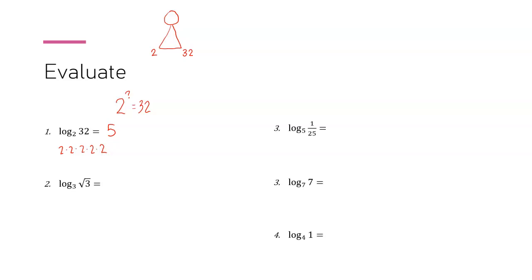Some things to remember about exponents. If I have a to the negative b power, a negative exponent moves it to the other part of the fraction. So that's the same thing as 1 over a to the b. Some other things that you should know about exponents are anything to the 0 power is 1, even though it's not logical, or it is logical actually, but it's not what you immediately think.